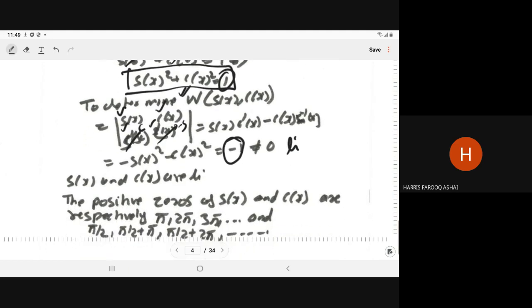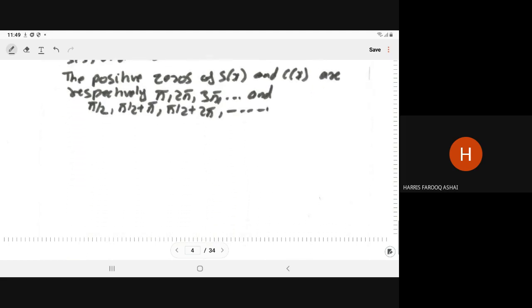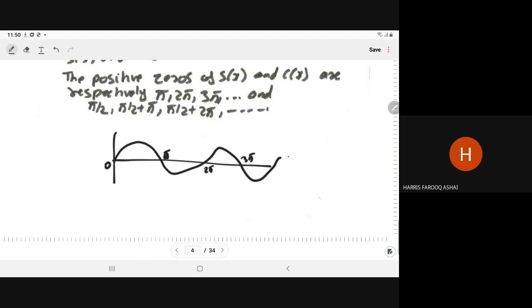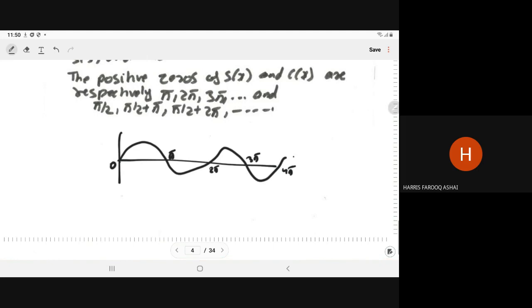So when s and c are linearly independent, and from the oscillatory graph you have seen, the zeros of s x are 0, pi, 2 pi, 3 pi, 4 pi, and so on.